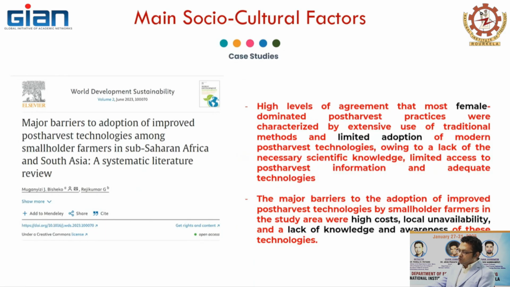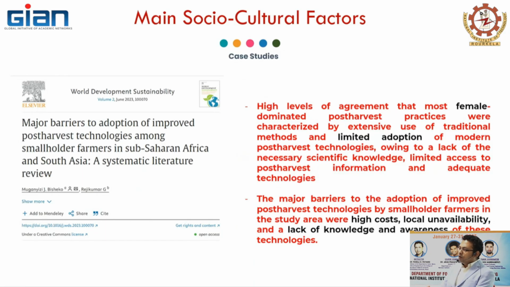They are quite using these, and they have limited adoption. When we talk about the gender-based one, there's limited adoption of modern technology. They have a lack of scientific knowledge. And with scientific knowledge, we cannot tell farmers in their life with technical language. We need to make things very simple so they can easily understand.